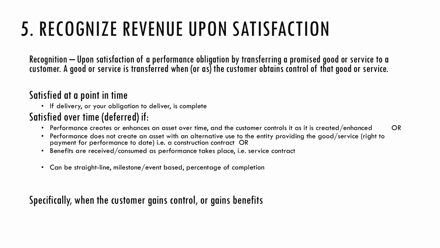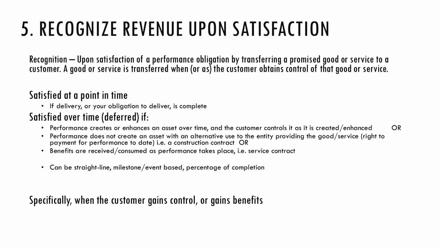If I'm in the construction business and I'm going to build you a mall or a building or an apartment, whatever, and it's going to take me 6 years to build it, I don't want to recognize my revenue at a point in time. When I finally hand you the keys and walk away, I mean, I'm going to go bankrupt not being able to declare revenue for 6 years. It's not going to look good on my financials. I may have money in the bank, but I can't recognize any of that revenue. This clause lets me out of that.